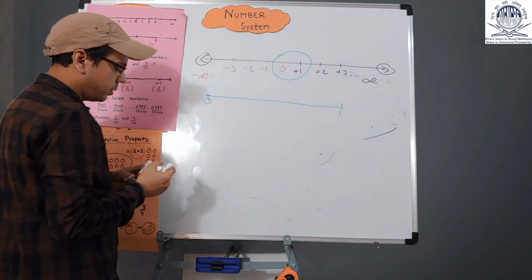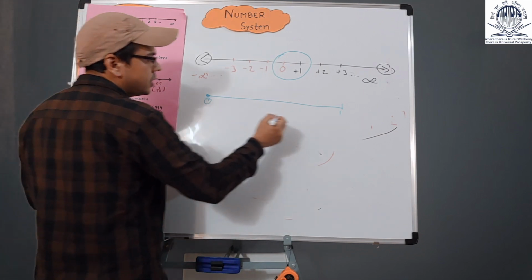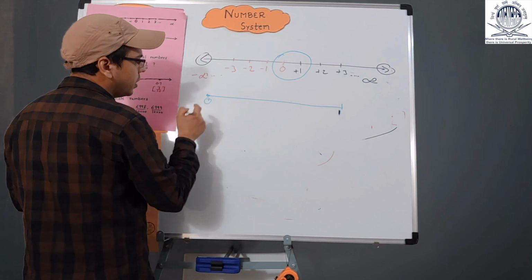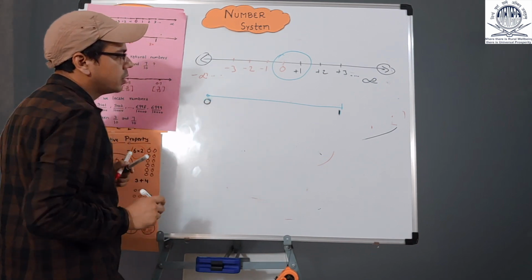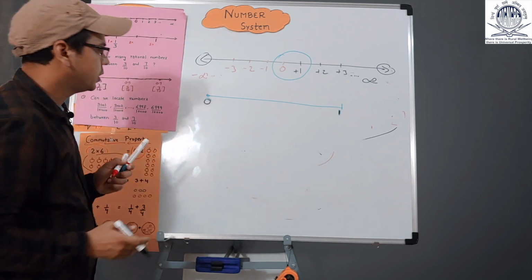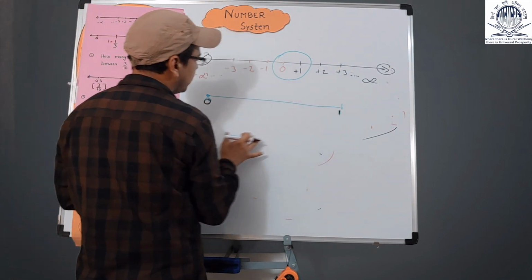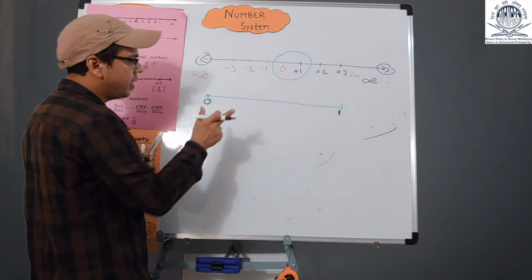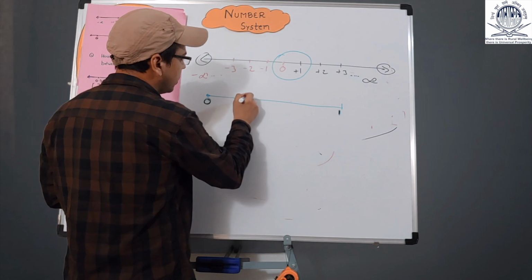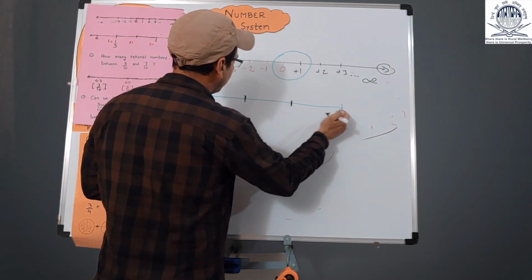Between 0 and 1, if this is 1 on the right and this is 0 on the left, I can divide it into 3 equal divisions. So I'll see 1 and 2 and 3. You can also try this with your hand, approximately 1, 2 and 3.